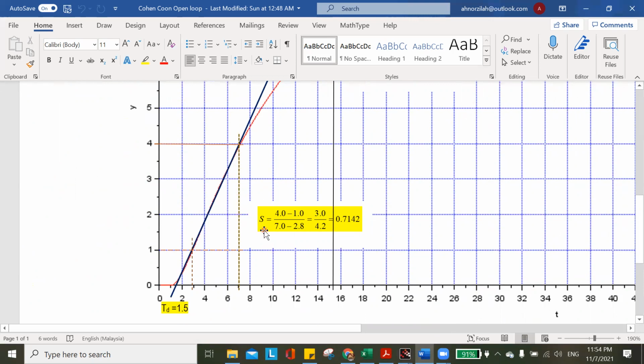The slope is S. You can refer to the lecture notes, and also to the textbook, chapter 18. S is equal to y2 minus y1 over x2 minus x1. So we want to calculate the slope of the curve, because this is linear. Over 7, this is your y-axis, 7 minus 2.8.